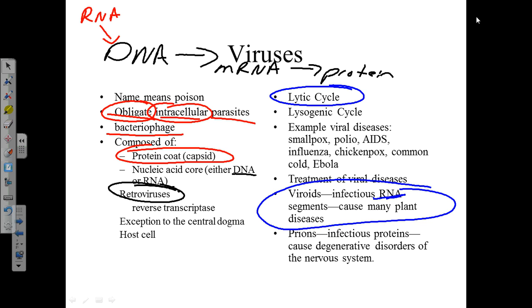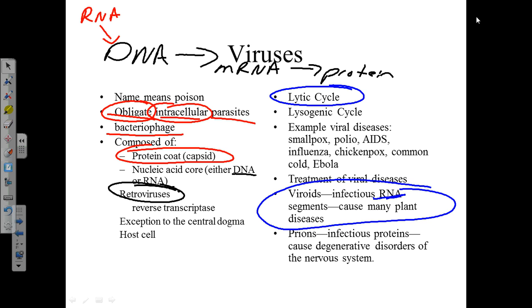If one of those was to get into you, you're okay, because your immune system will take care of it real quick. But plants don't have a true immune system like us, right? They don't have white blood cells or antibodies. So these things can cause lots of plant infections, plant diseases.